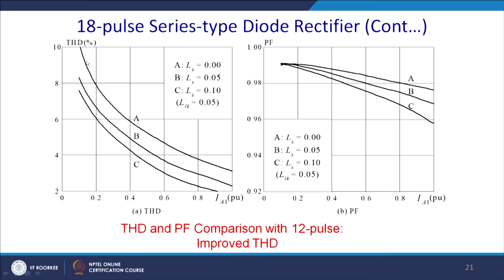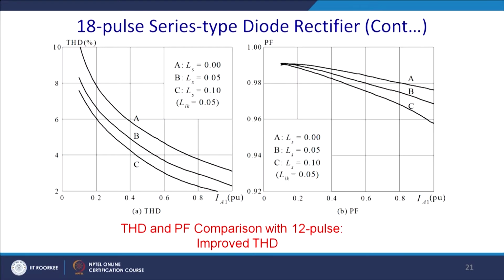Once it comes down to 3% for 0 source inductance, it can be much lower, almost 0%, for 0.1 per unit source inductance. Similarly, we may have a little higher power factor at low input current, and gradually it will decrease a little bit, but you can see that the difference is not much.